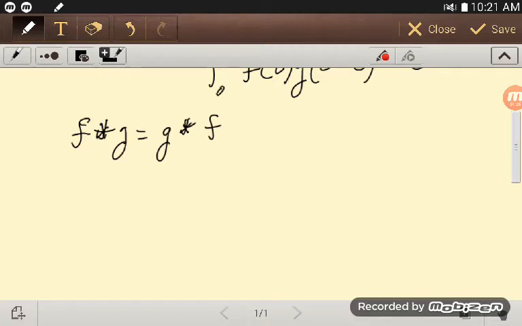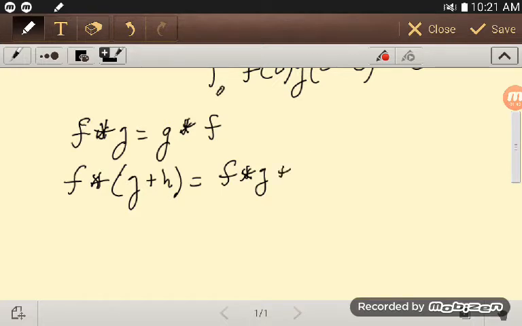You can distribute, again because of properties of integration. We have f star (g plus h) is equal to f star g plus f star h. So that's neat.